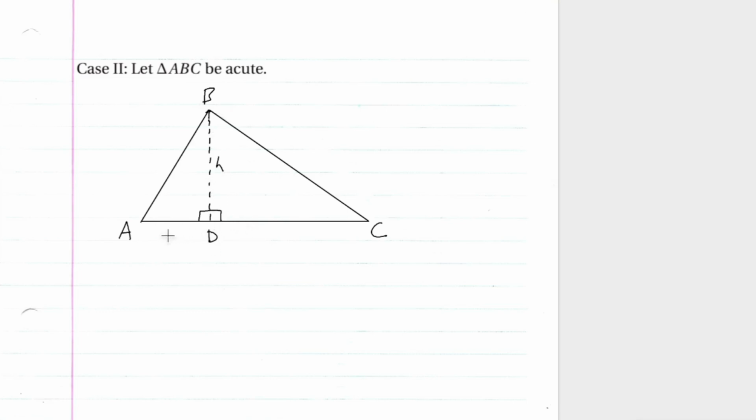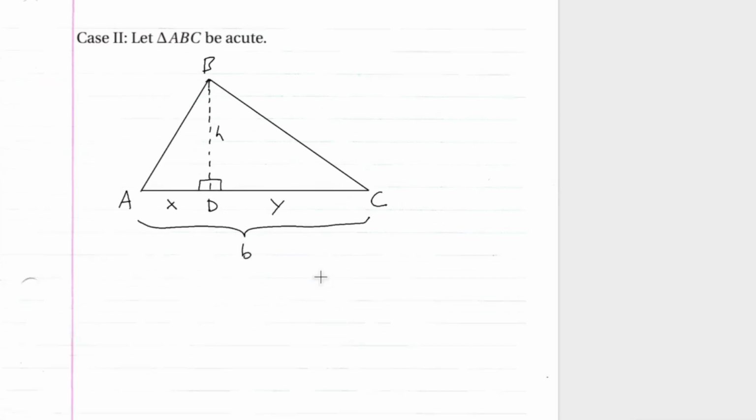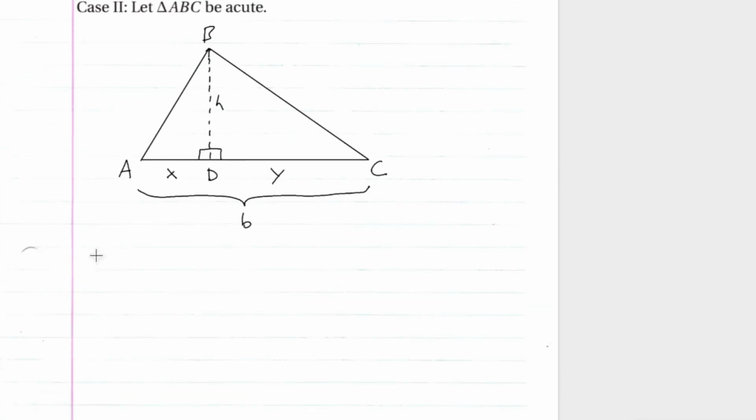We'll let X be this distance here, AD be X, and Y be DC. Since we chose this to be our height, we'll let this whole distance be our base.